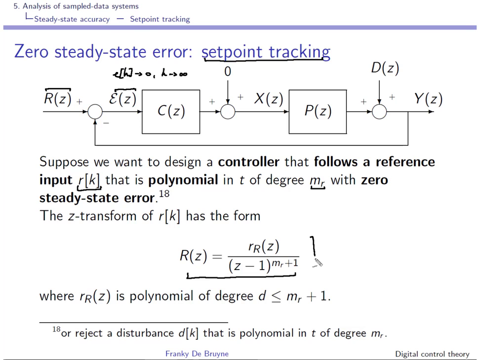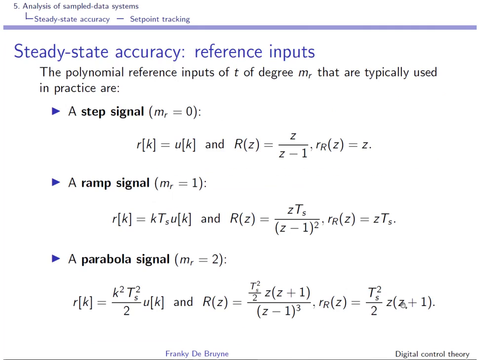So let's have a look at what we mean by this. Remember that we are considering set point tracking or output disturbance rejection. For the sake of argument, say we are considering set point tracking, and we want to follow a reference signal R(k) that is polynomial in t of degree m_R.